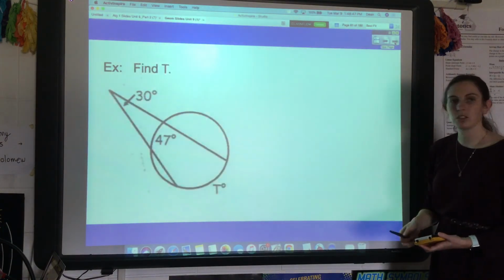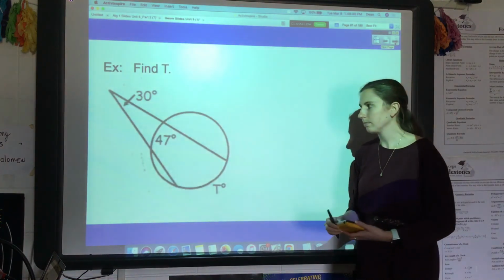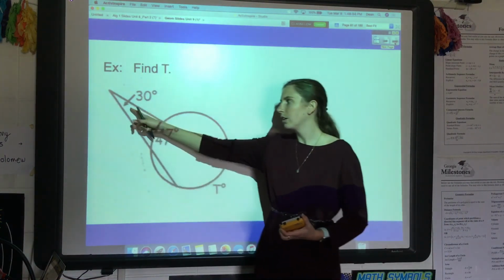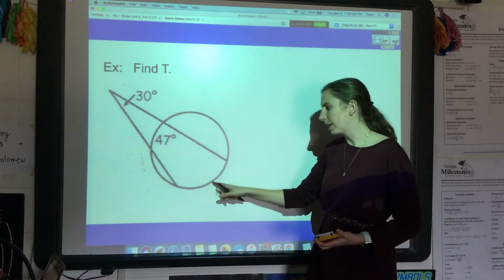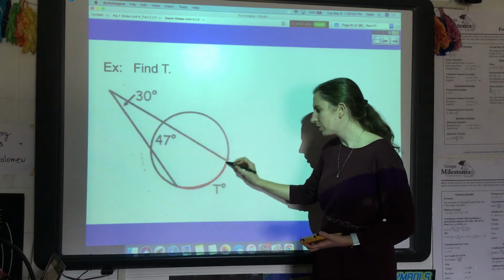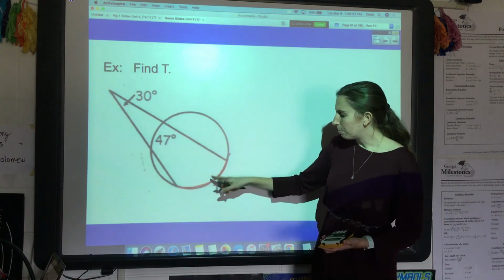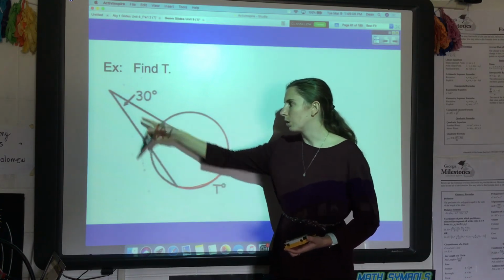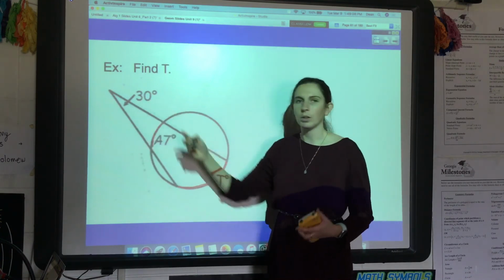Let's try one that's two secant lines. This one's a little tricky actually, because rather than trying to solve for the angle, I'm trying to solve for the big arc. But I can still use that same formula. So big arc minus small arc, divided by 2, should equal this angle.